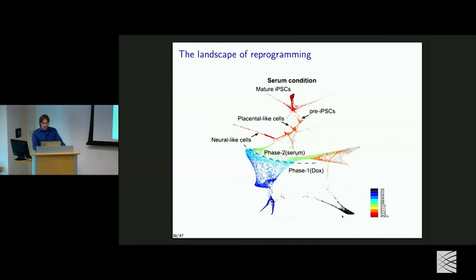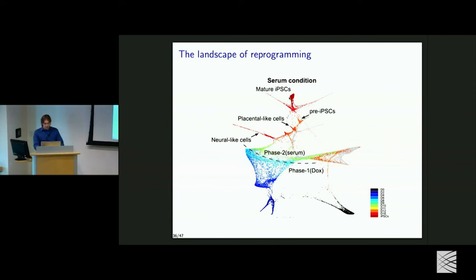The way it works is you reprogram them by turning on all of these genes with a chemical called DOX. So imagine that they're happily in their valley as mouse embryonic fibroblasts, and you kick them out of this valley, and you try to reprogram them to become a stem cell, and you try to push them back up this hill.